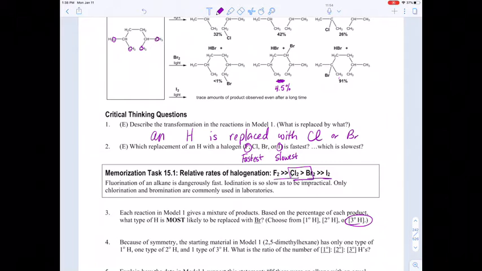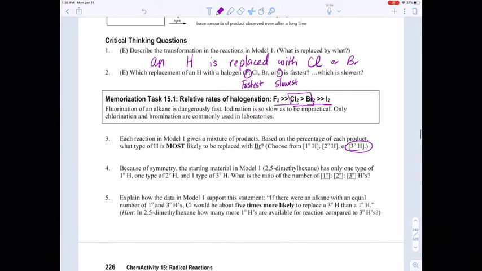So if we add up those hydrogens, we should get 12. So hit pause and find the rest of your quantities. Okay, we should have 4 secondaries and we should have 2 tertiaries. So we can simplify that to 6 to 2 to 1.